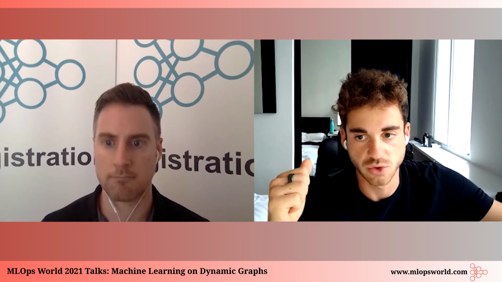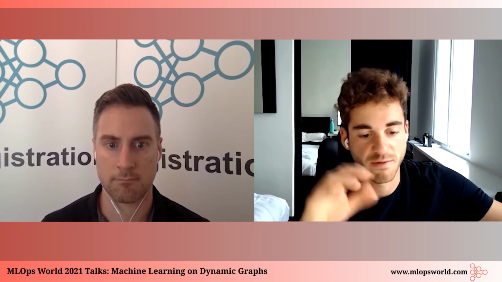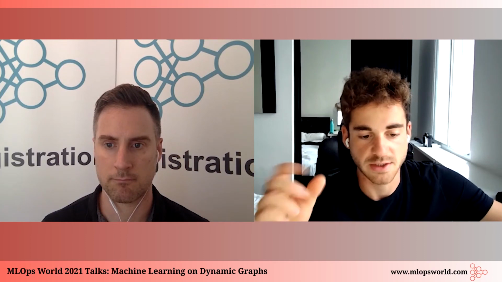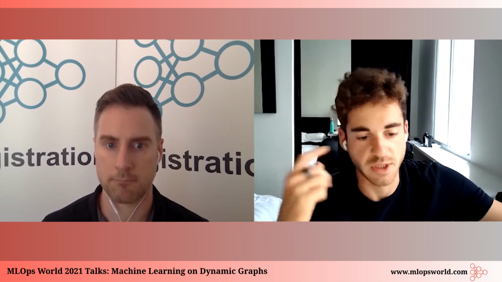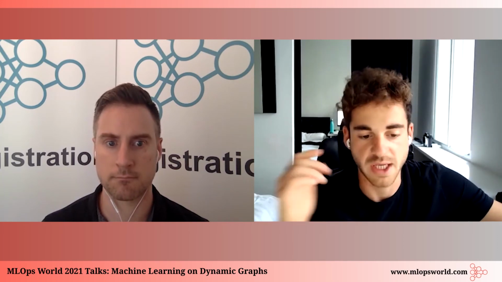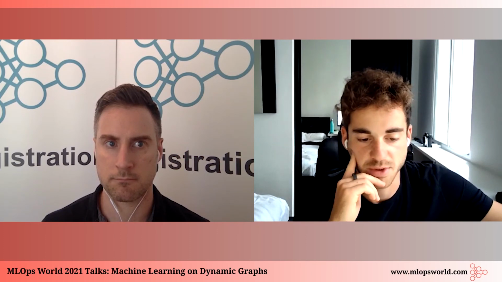If you do graph regression, you have a molecule, you may want to predict some chemical property, like the solubility of the molecule, and that would be some number between, I don't know, 0 and 1. So this would be graph regression, and there are multiple papers that investigated this.